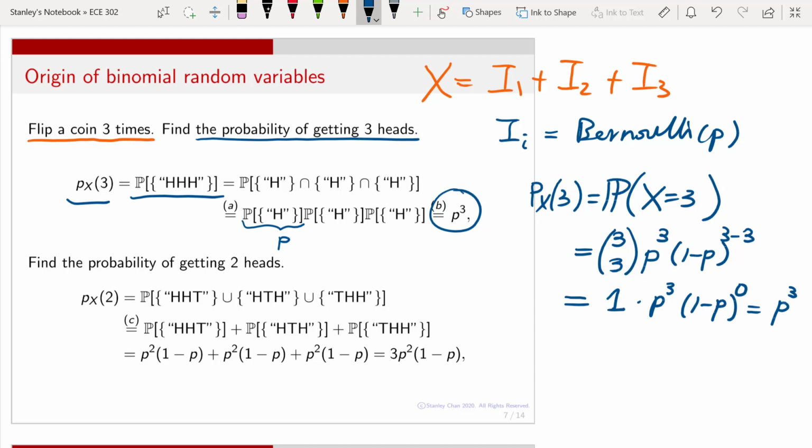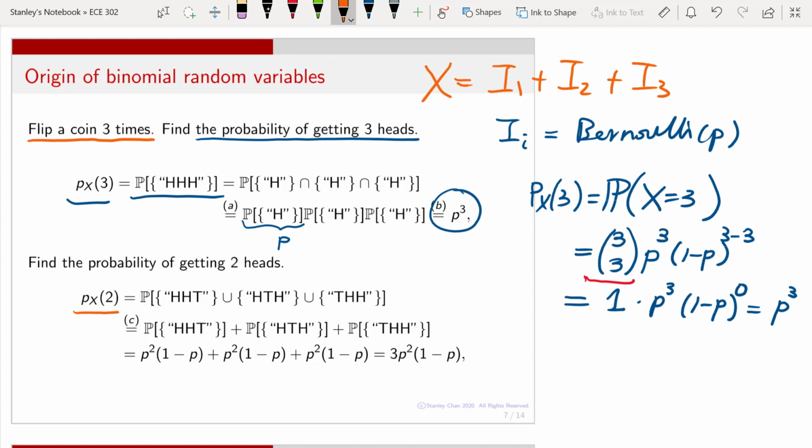You can see that this n choose k is actually playing a role in terms of telling you the coefficient going with this p to the power 3. Now, if you don't believe me, we can also calculate one more case to make sure that this quantity, n choose k, should be present. Let us consider the case where x equals 2.